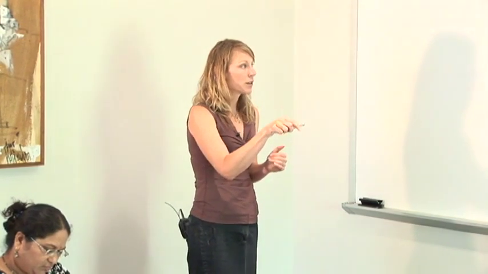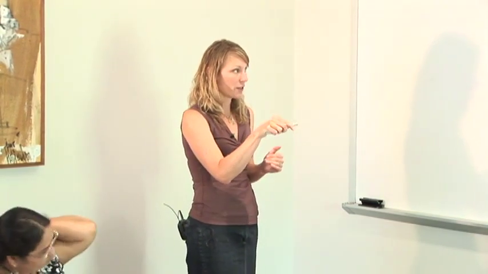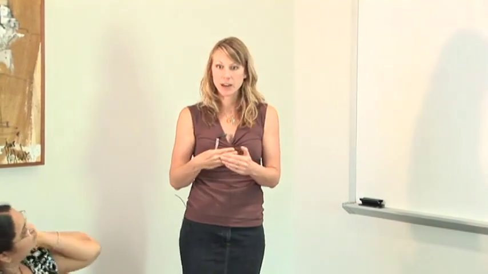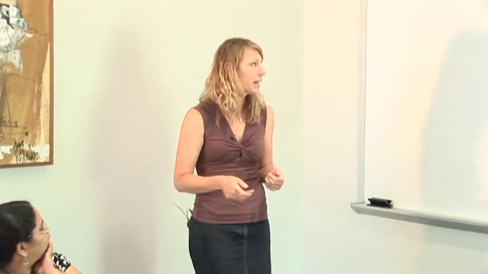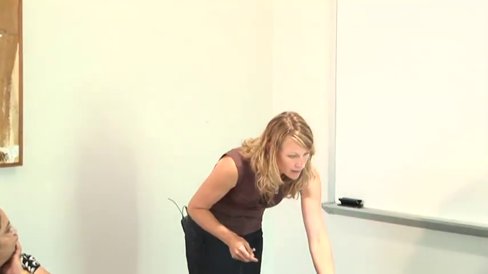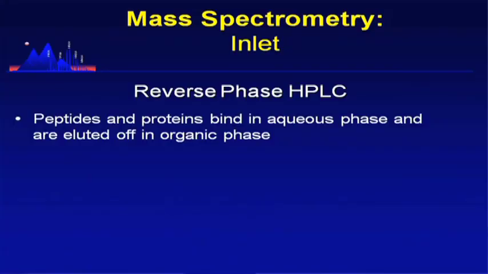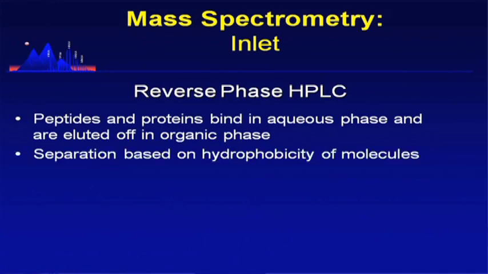So in reverse phase chromatography, we're separating our peptides based on their hydrophobic nature. Okay? And in this scenario, the peptides and proteins are going to bind the column initially in an aqueous solvent, and then they will elute off over time as we increase the organic solvent that's flowing through our column.